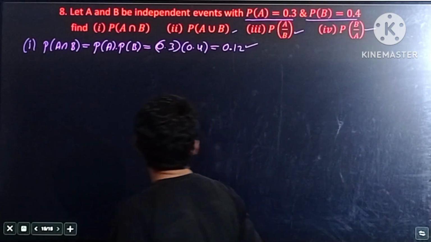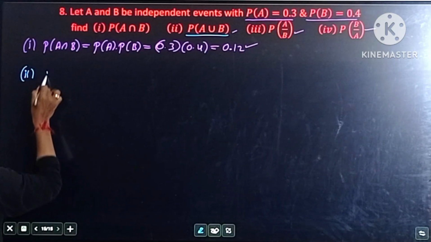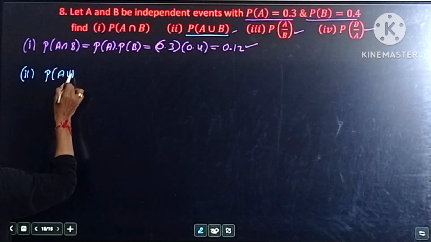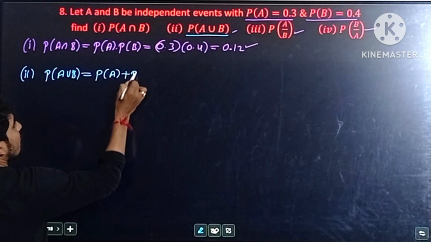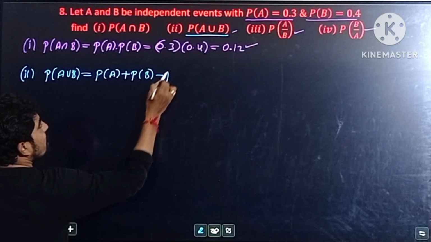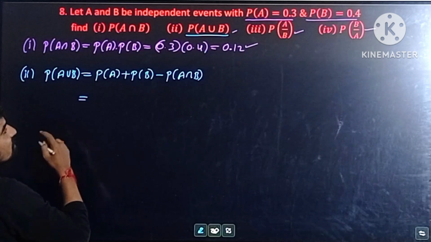And now the second question, probability of A union B. Probability of A union B is equal to probability of A plus probability of B minus probability of A intersection B. These values are already known.